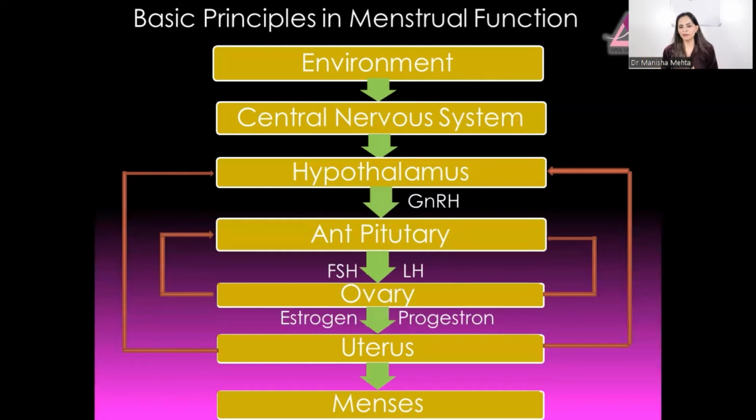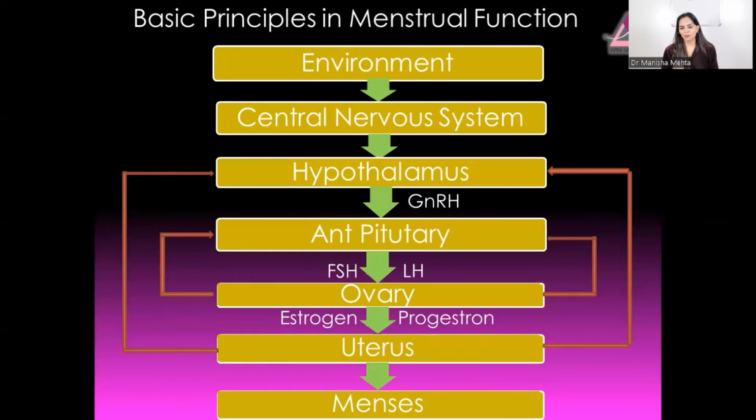From the angle of an infertility specialist, if there is no FSH, naturally this FSH cannot go to the ovary, and estrogen and progesterone will again be very low in such a case. Don't expect that the estrogen would be high.